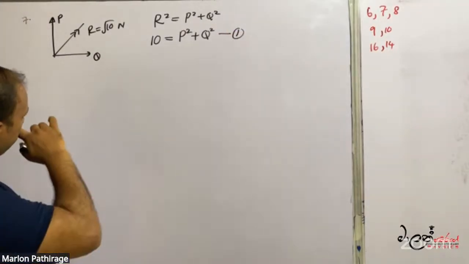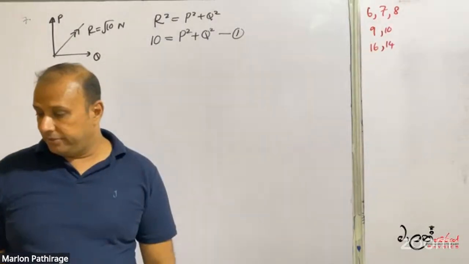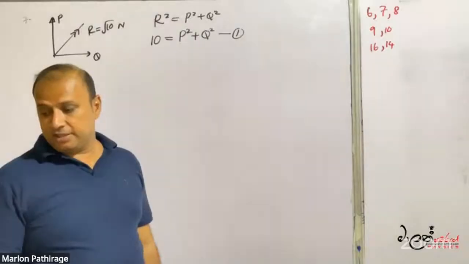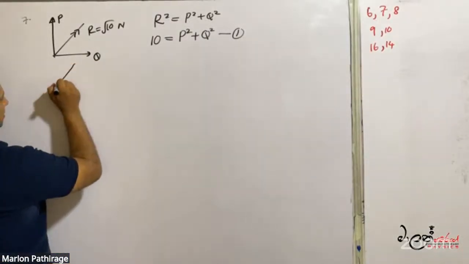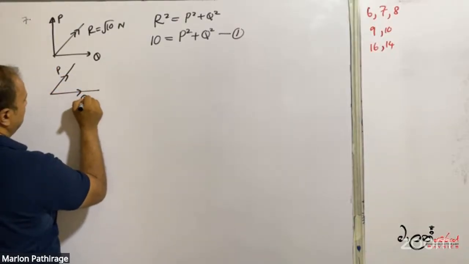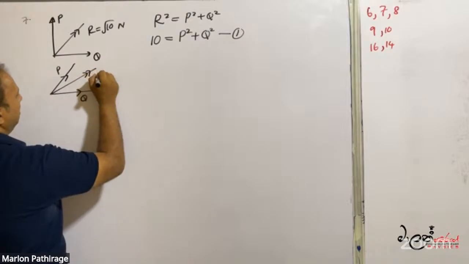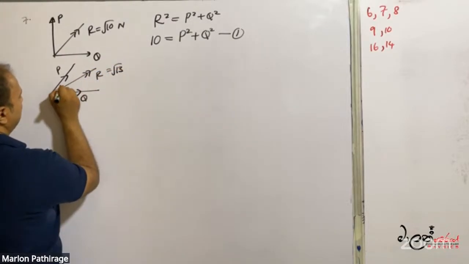Then, when they are acting at 60 degree to each other, R is equal to root 13.